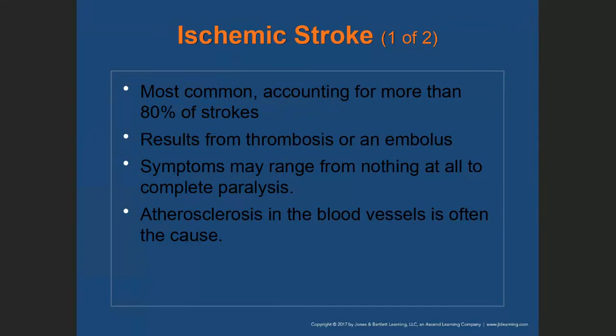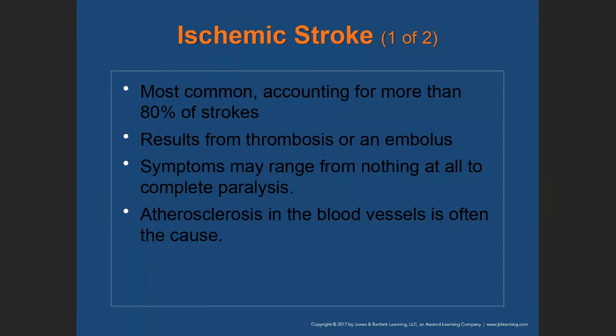It results from thrombosis or an embolus, and by now you should know the difference. A thrombus is a clot that forms in a particular location of the body. An embolus is a clot that breaks off from one area of the body and then travels to another area. So an embolus is a traveling clot. A thrombosis is a stationary clot. Symptoms may range from nothing at all to complete paralysis.